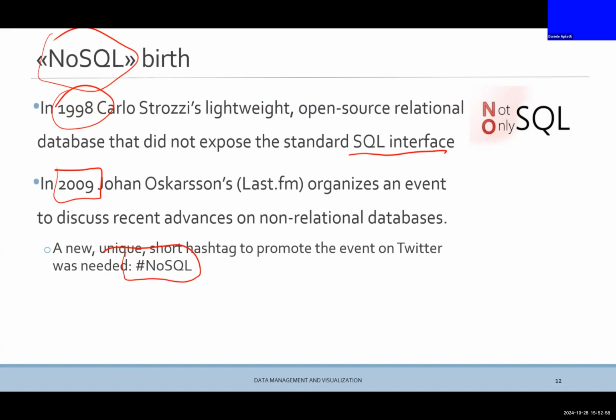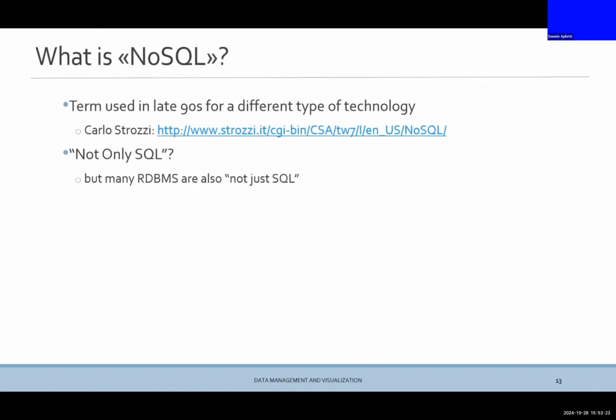They were already increasing in popularity, as they were born at the beginning of the year 2000, the first years, and then over the 2000s, we'll see in a minute. And then they needed a name to group them all, okay? And so they used a short name because they needed a hashtag on Twitter, so it must be short, and they used NoSQL, okay?